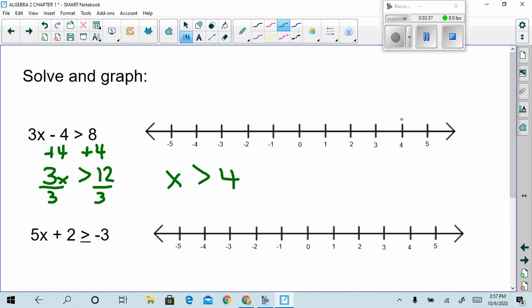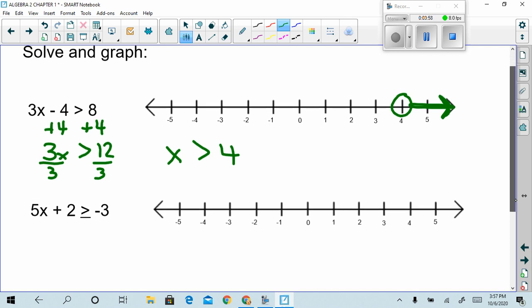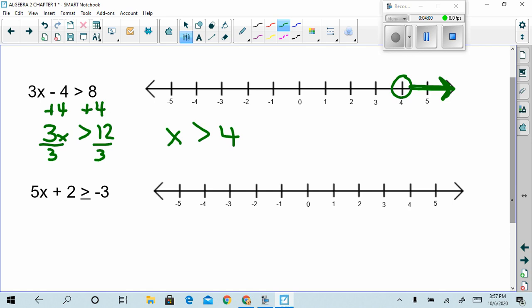I'll find 4 on my number line, open circle, and shade everything greater than, which means I can't have 4 as my solution. If I said 4 times 3 is 12, and 12 minus 4 is 8, well, 8 is not greater than 8, so it does not work. I can pick any value other than that.